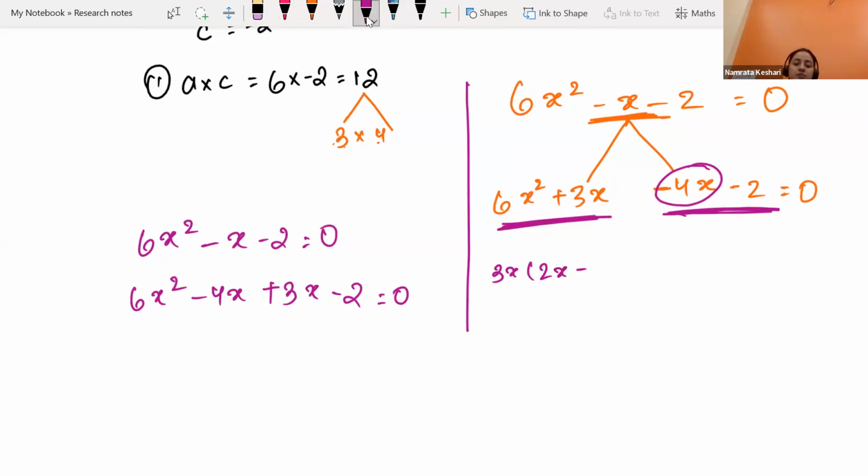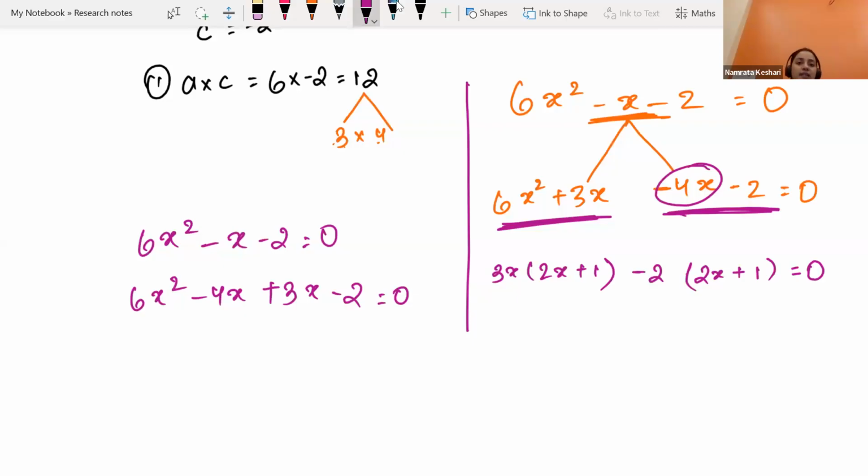Perfect. Then what is the common factor from minus 4x and minus 2? It will be minus 2. Remaining term will be 2x plus 1. So this is what we are getting now.